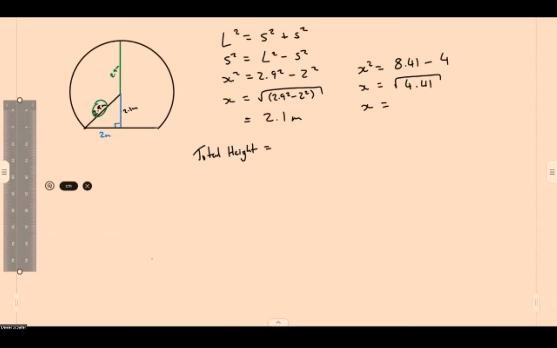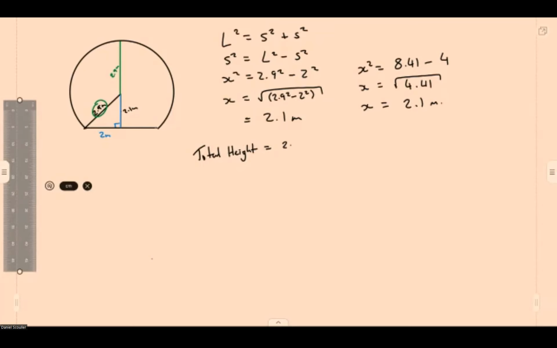That's 2.1. Yeah, that's fine. I got it now. I don't know why. I must have put 2.1 in somewhere. Let's blame the late night for that.